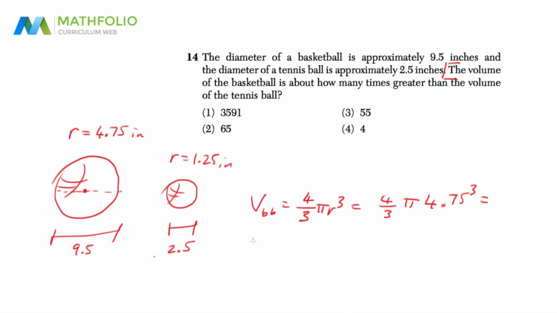Now, before I work that out, let's also find the volume of the tennis ball, which is 4/3 pi 1.25 cubed. Now I'm just getting ready to put these in my calculator.